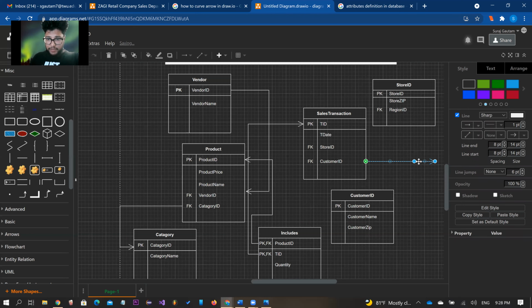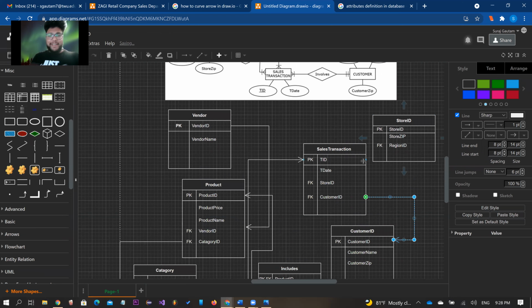So basically, sales transaction is also linked. After I make this, I'm going to explain everything. I really apologize for that. So this is done, and now we have to go with store ID, which is also directly linked. I hope I can put this thing in.